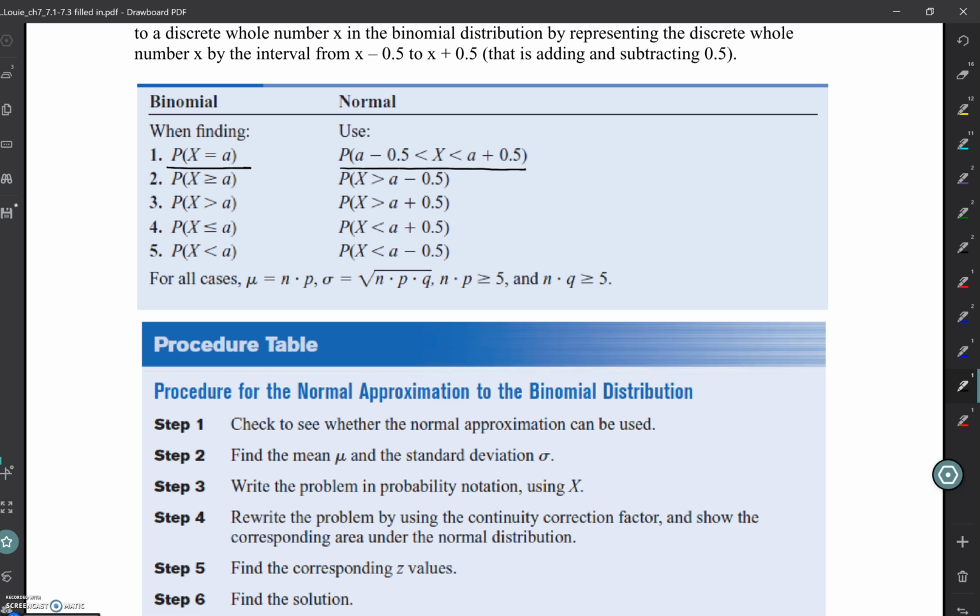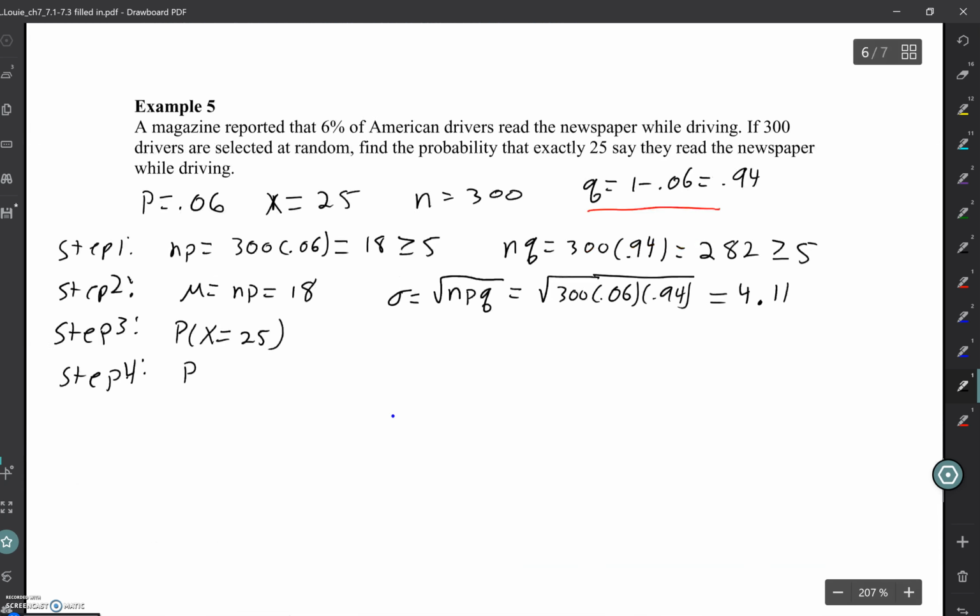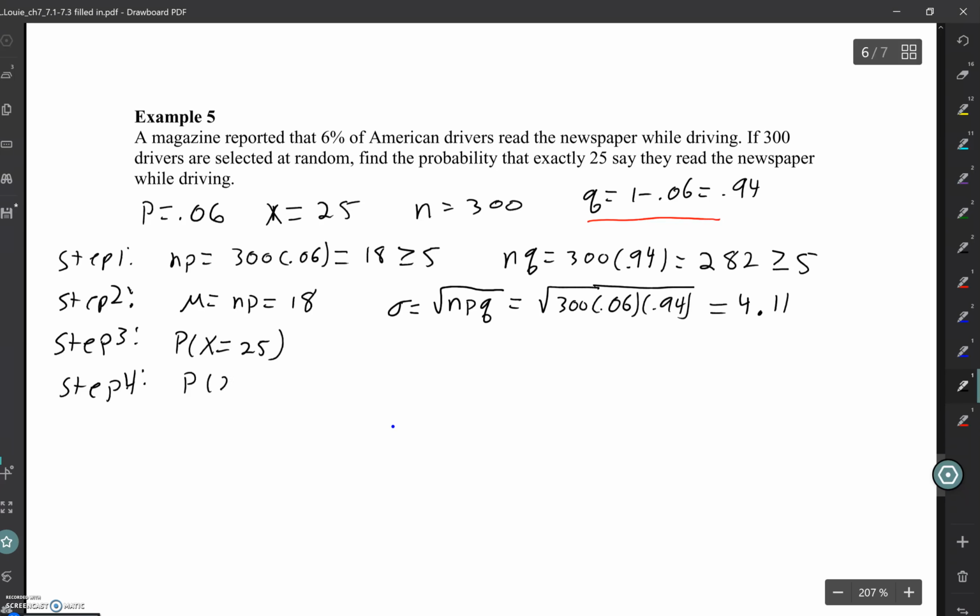So we're going to add and subtract 0.5 for this. 25 minus 0.5 is less than x is less than 25 plus 0.5. So we're really going to find 24.5 is less than x is less than 25.5.